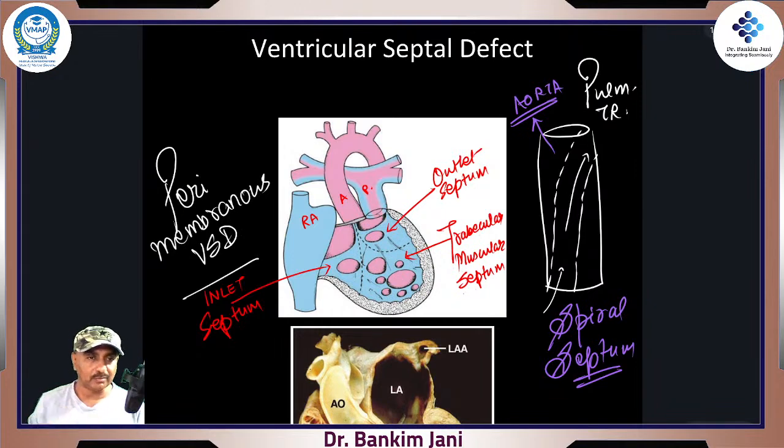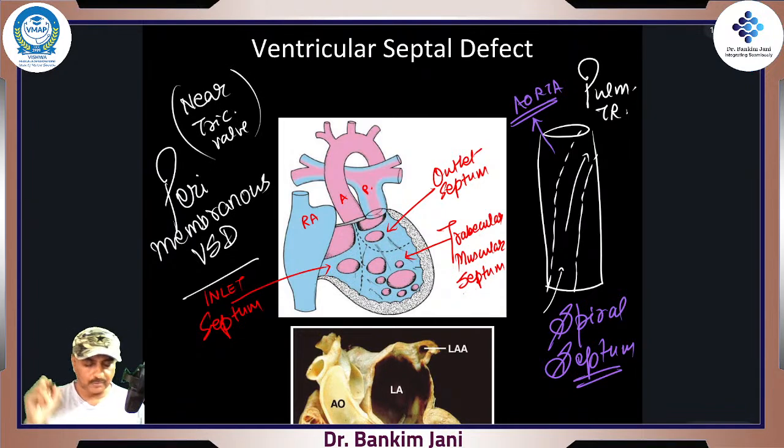Perimembranous ventricular septal defect. It would be near which wall? It has to be near the tricuspid wall. Okay, so that is inlet. Just for the sake of understanding, I'm marking it 1 so that there is no confusion.